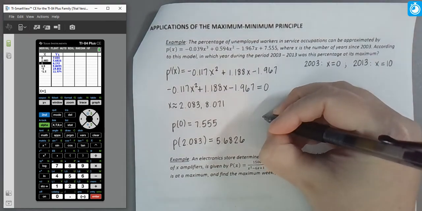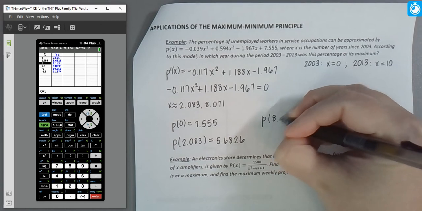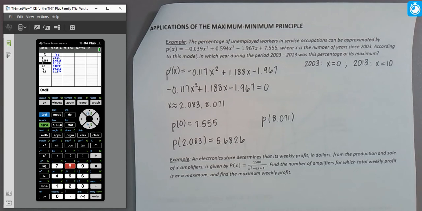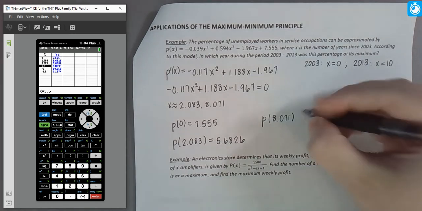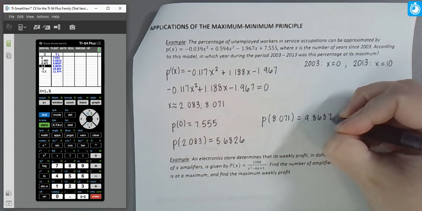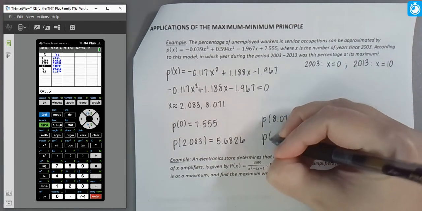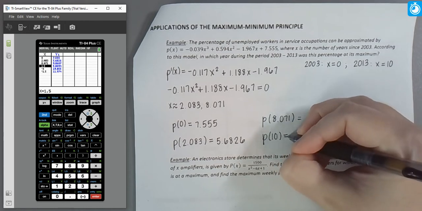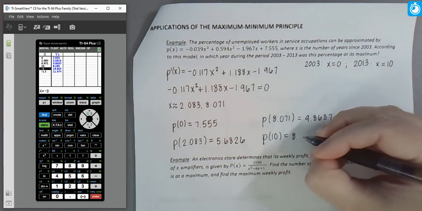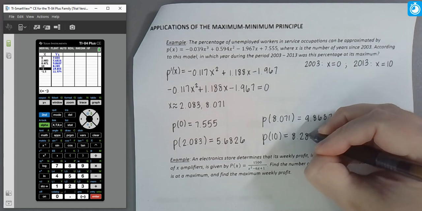Okay, and then P of our next critical value, 8.071, is associated with a value of 9.8687. And then finally, check our further out endpoint at x equals 10, and we have an associated value of 8.285.